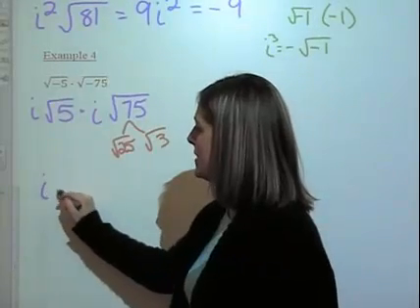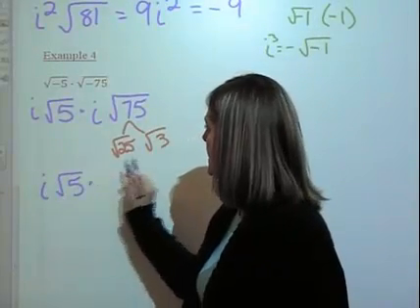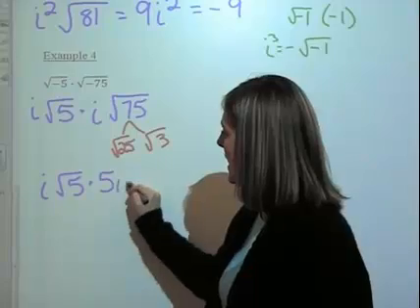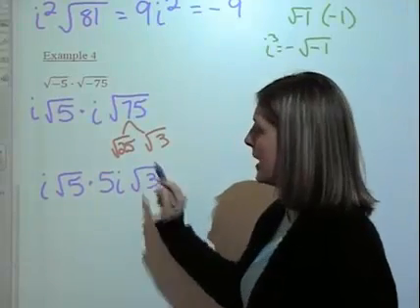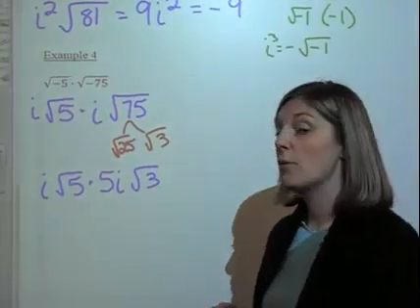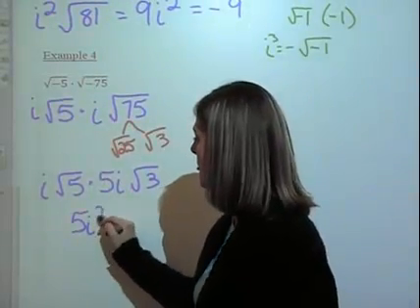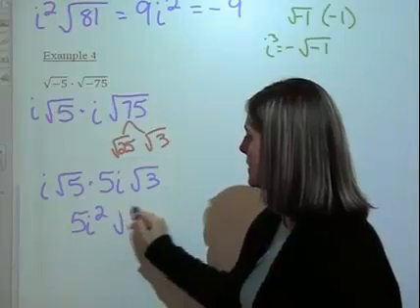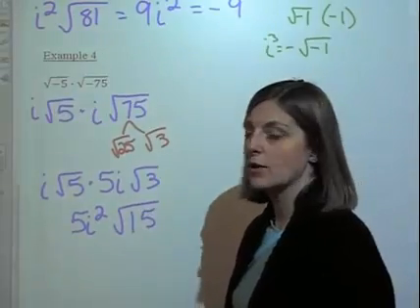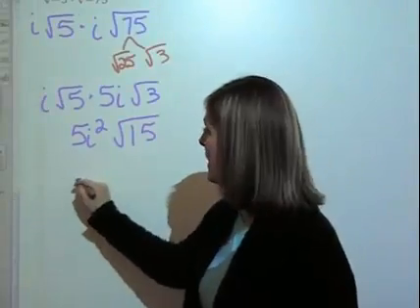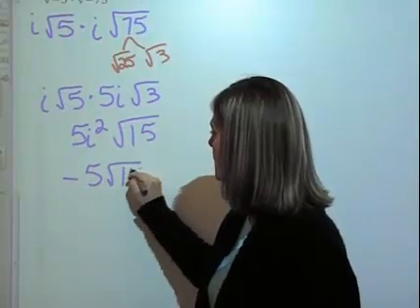So I have i square root of 5 times 5i square root of 3. Now when we multiply, we have i times 5i, so 5i squared. And then 5 times 3 is 15 under that radical. The i squared gives us negative 5 square root of 15.